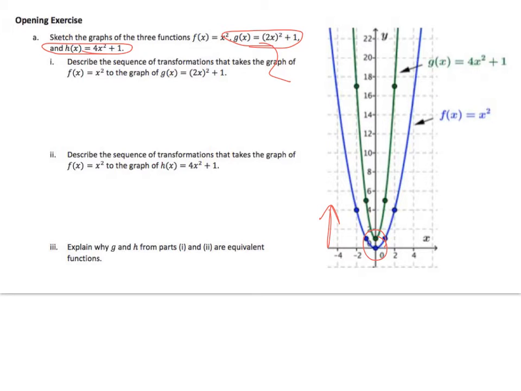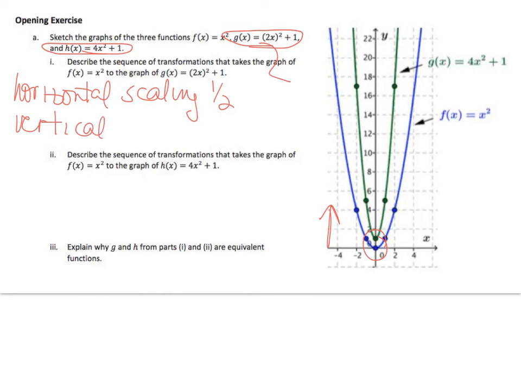Describe the sequence of transformations that take the graph of f of x equals x squared to g of x equals 2x quantity squared plus 1. So it's a horizontal scaling by a factor of 1/2 and a vertical translation up 1.